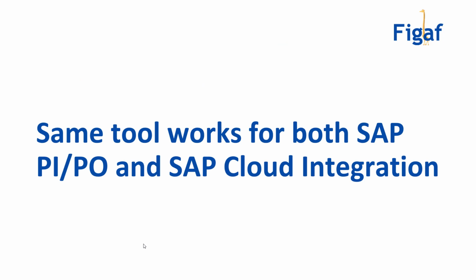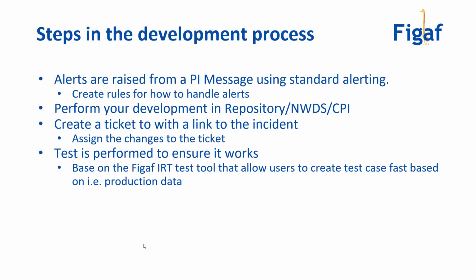So we've created a tool that works for both process orchestration and cloud integration, and you deal with it in the same way, so it makes it a lot easier for users to take advantage of the tool, no matter which of the different platforms they're working on.